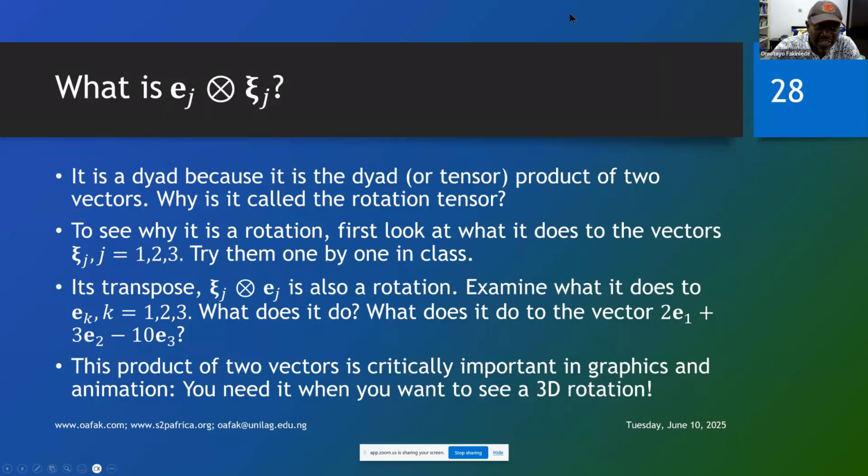Just to remind you of what we learned last lecture. So take this quantity on top, operate it on Xi1, operate it on Xi2, and operate it on Xi3. That is the first thing I want you to do. Tell me what the answers are.